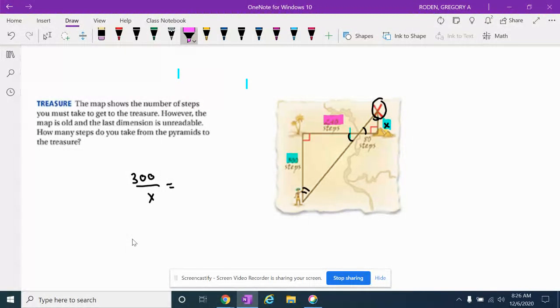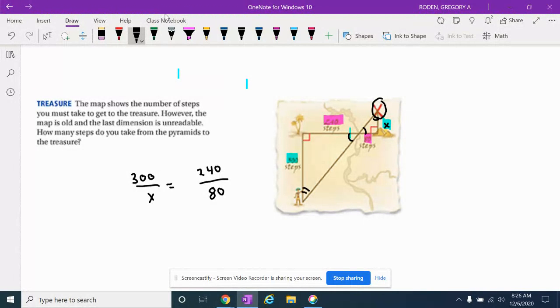What corresponds with 240? Well, this 80 right here corresponds with 240, right? It's the flat horizontal line in between the vertical angle and the right angle. So now we can say the big one was 240 and the little one was 80.